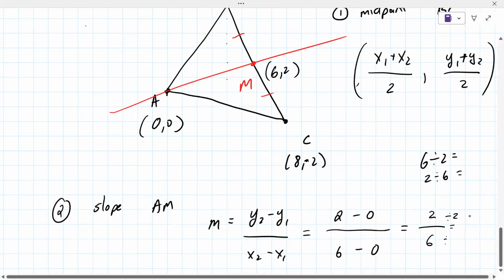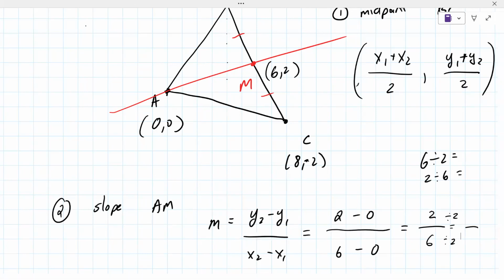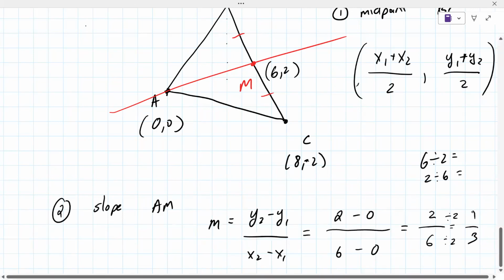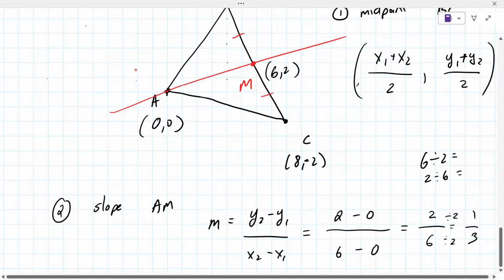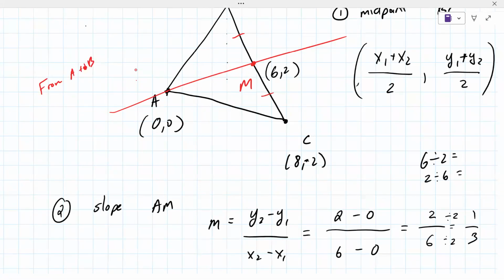You're dividing the top and bottom by 2. So like 1/3. Yes, yes. Now, remember I went back and I said it's rise over run. How much up are you going? How much to the right are you going? From A to M, you're going up 2, and then you're running 6.